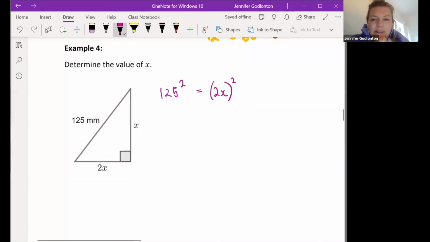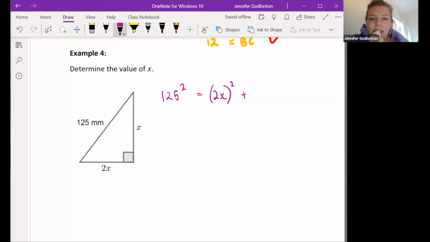Plus x squared. Good, and then? 125 squared is going to give us 15,625, yeah. And that's going to equal what?